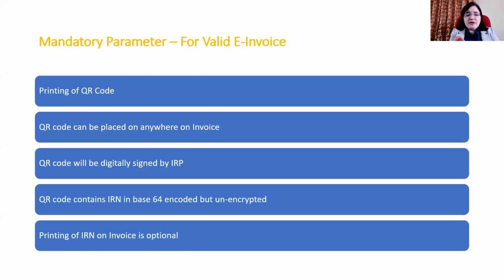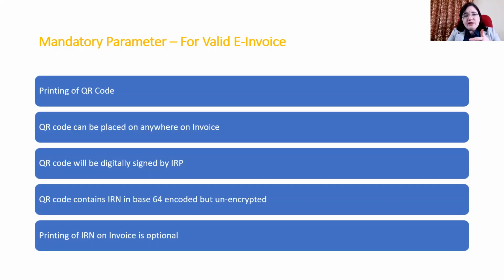Second, the QR code contains the IRN. The IRN is a base 64 encoded number, and the QR contains the IRN base 64 encoded, but it's an unencrypted QR code. So what is compulsory? The tax invoice should contain the QR code.